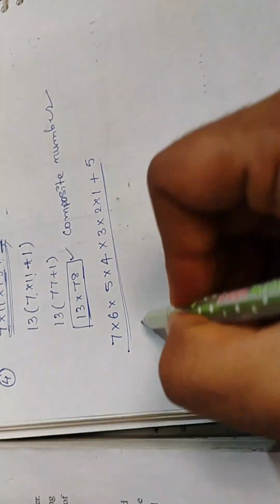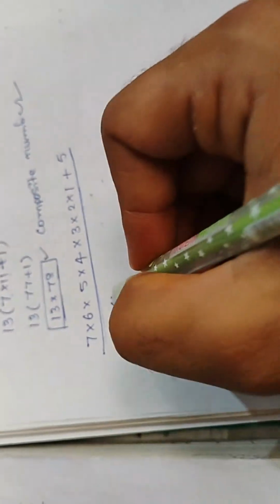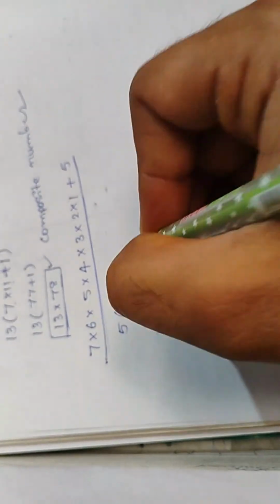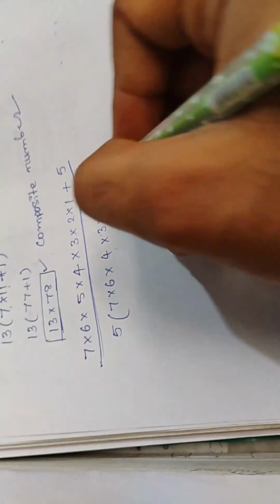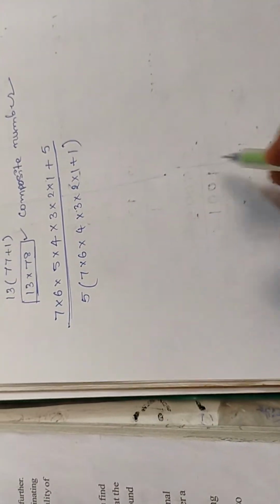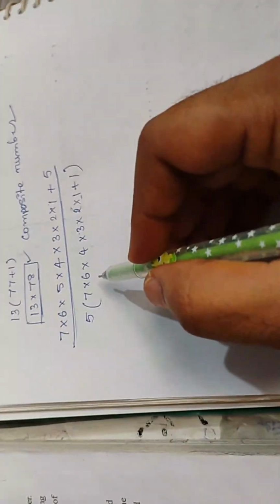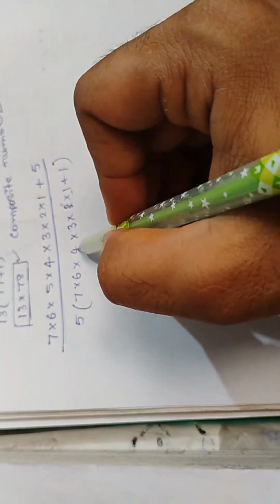If you take 5 outside from this complete and this 5, what is left? 7 into 6 into 4 into 3 into 2 into 1 plus 1. Look at multiply simple terms. 2 4s are 6, 6 4s are 24, 24. 24 7 6s are 42, 42.